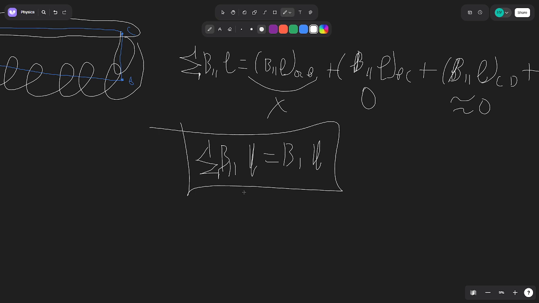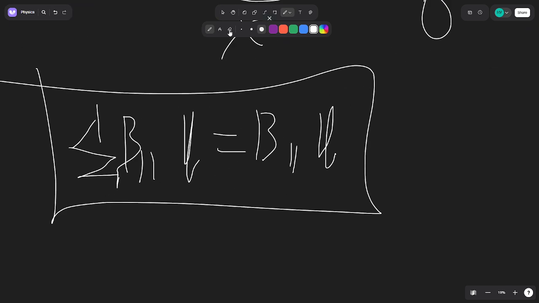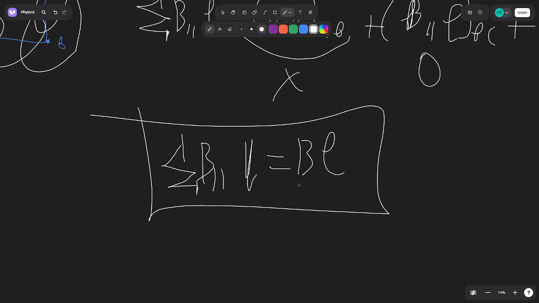And the formula is like this, without this stuff. So this is the original formula, and we will use it really a lot.